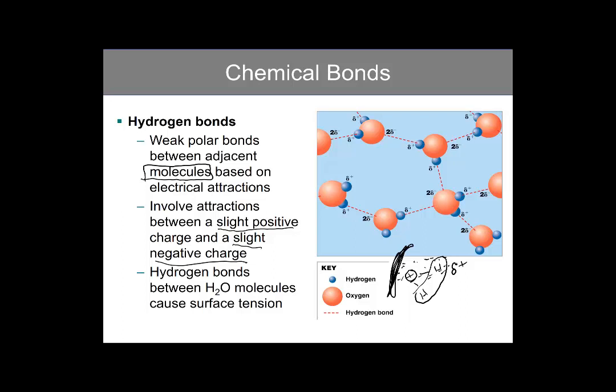Oxygen has an atomic number of 8, so there are 8 protons inside the nucleus of the oxygen atom, and that's going to attract the electrons to this side of the molecule more frequently.